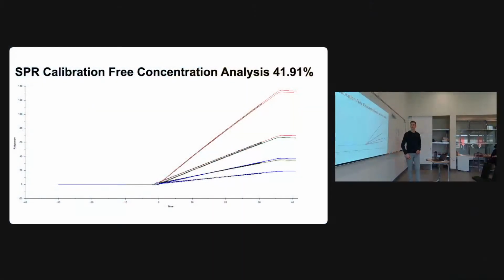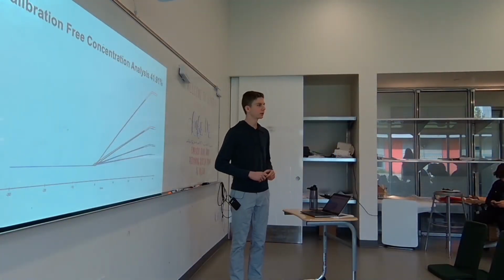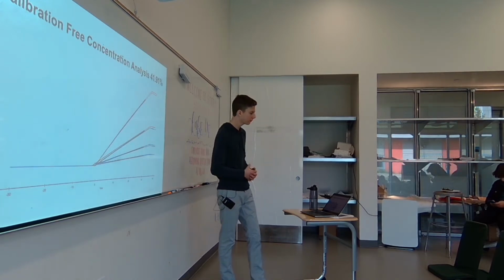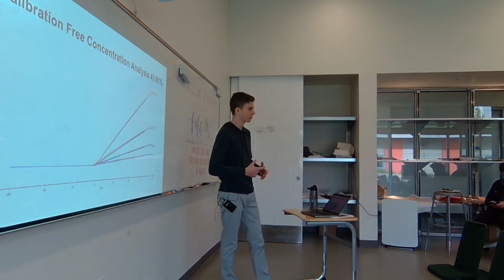Using something called surface plasmon resonance calibration-free concentration analysis, we can determine the active concentration of an antibody, not just its nominal concentration. We do this by, instead of using SPR to focus on how tightly and for how long antibodies bind to each other, focusing on how much antibody is actually binding in the first place.